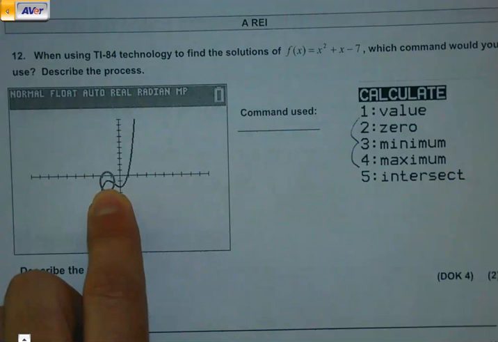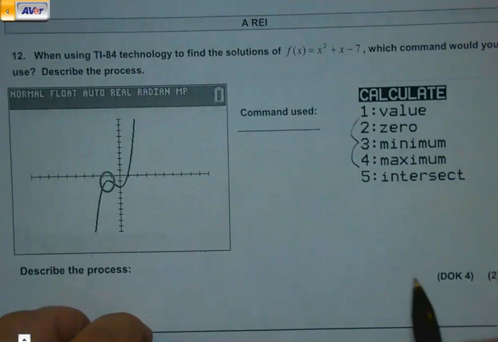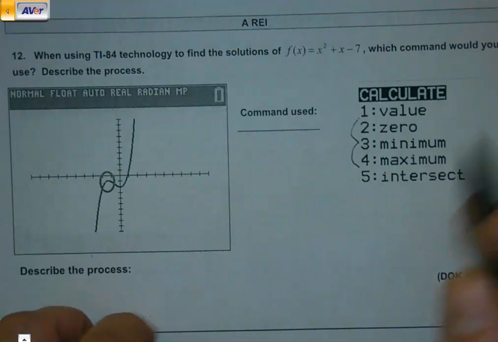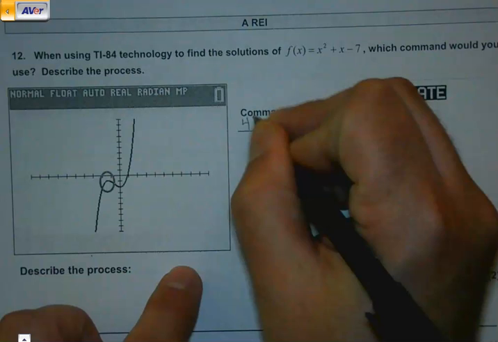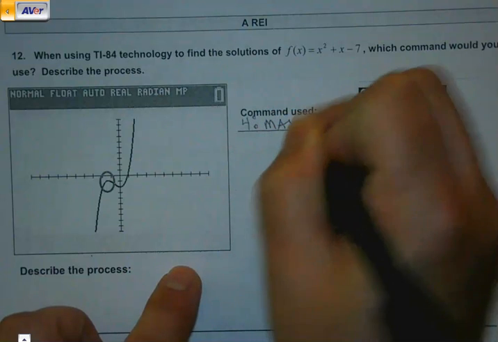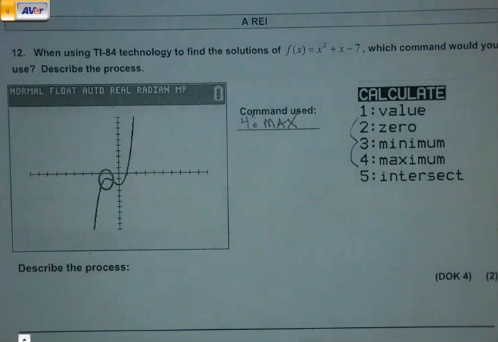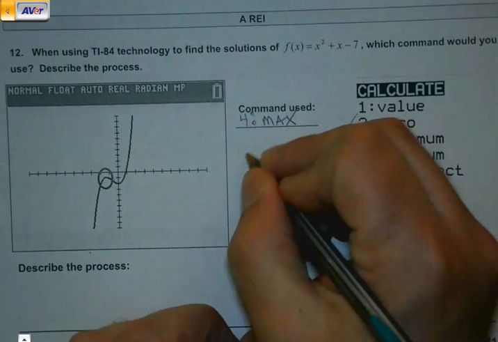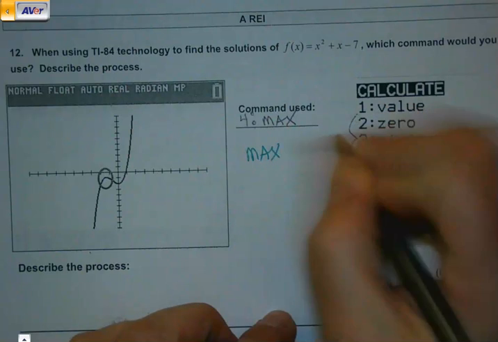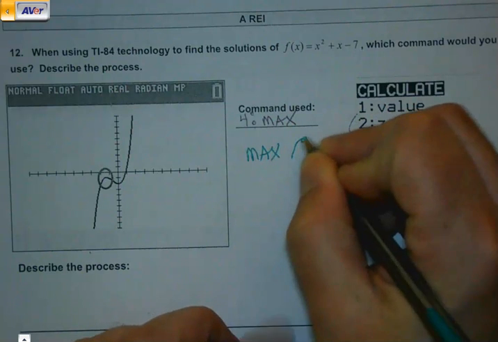Is that a minimum or is that a maximum? Max. Right, so reminder of what the different things are. If something's a maximum, it's going to be where there's like a hill. It's at the peak of the hill.